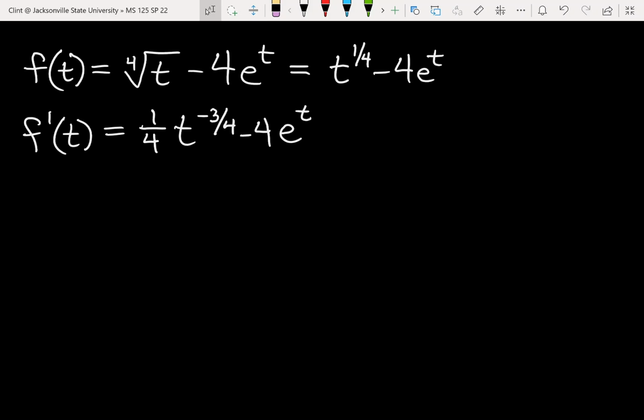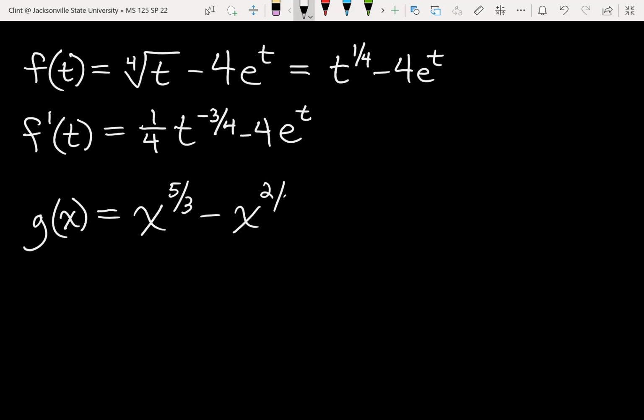All right, one more for the fraction haters. Should have used different denominators so we got more practice.